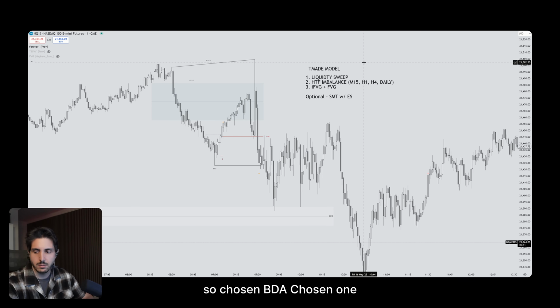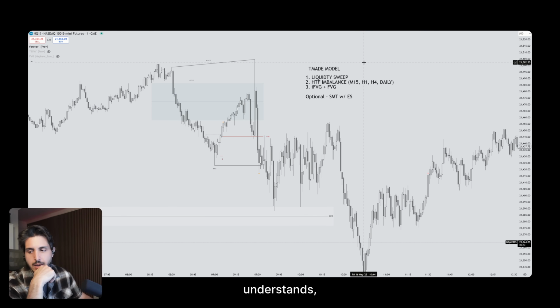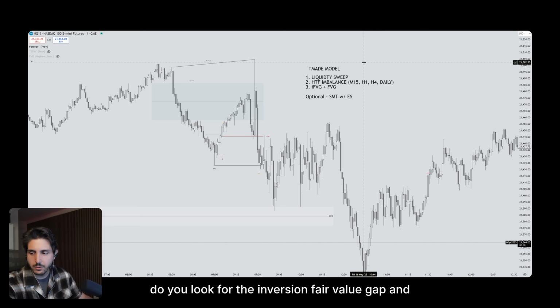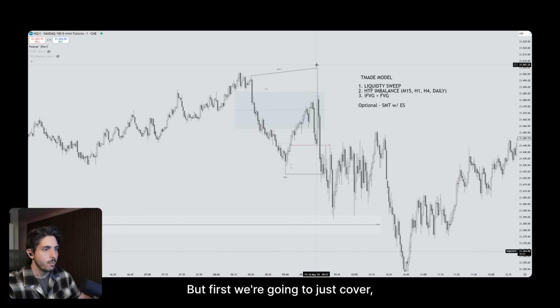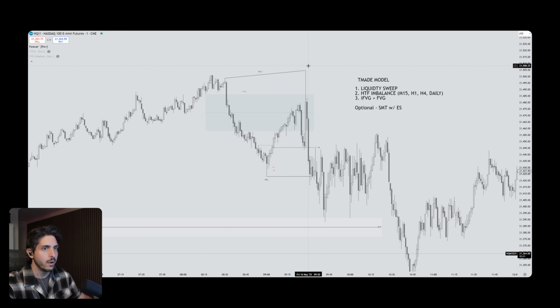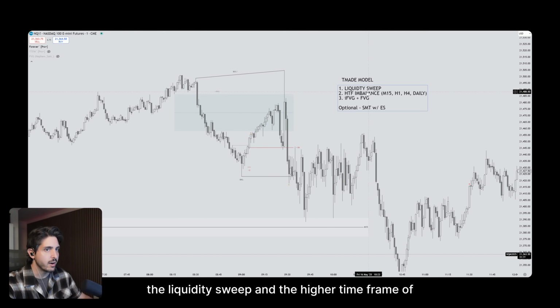Okay, chosen one understands. 2gen, understand, I'm with you. Do you look for the inversion fair value gap and fair value gap to line up? Yes, that's going to be my next important point, right? But first, we're going to just cover the liquidity sweep and the higher time frame imbalance.